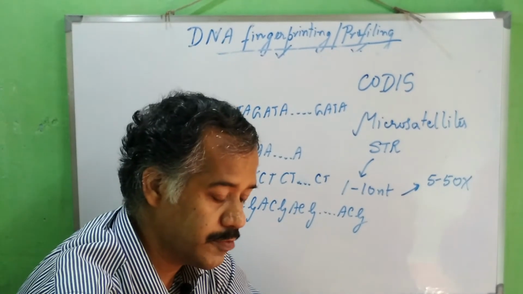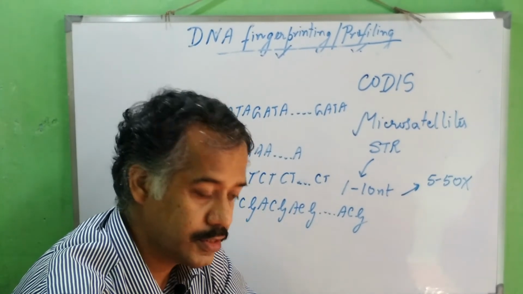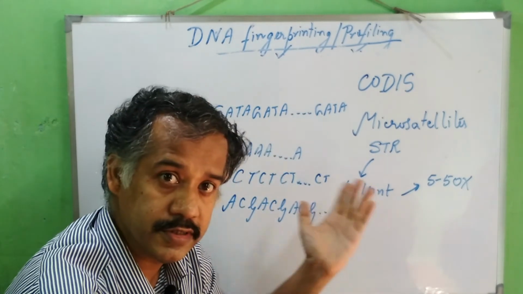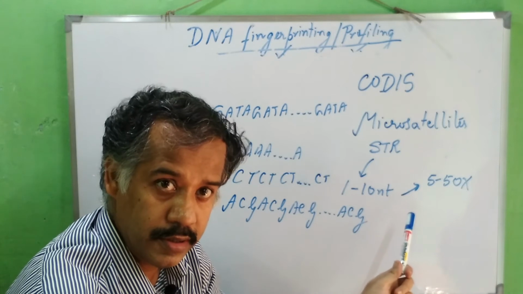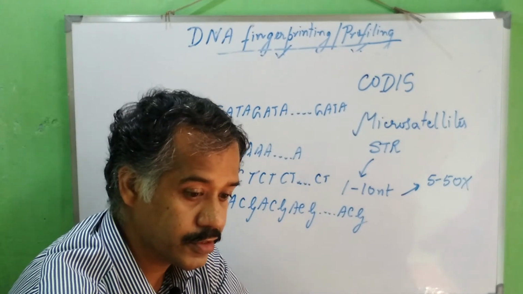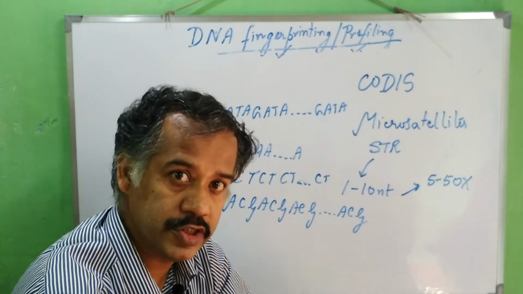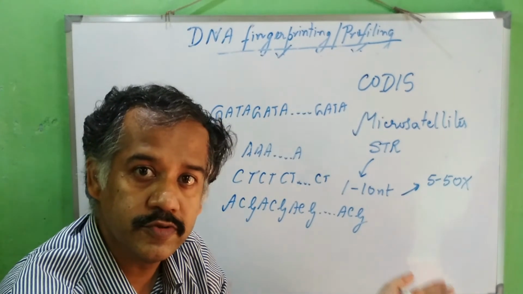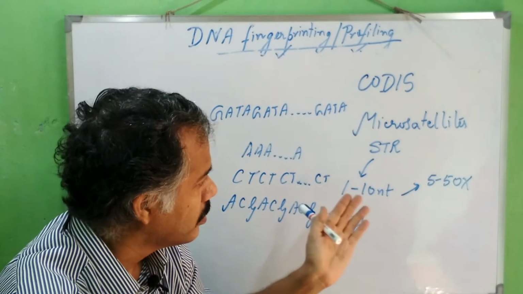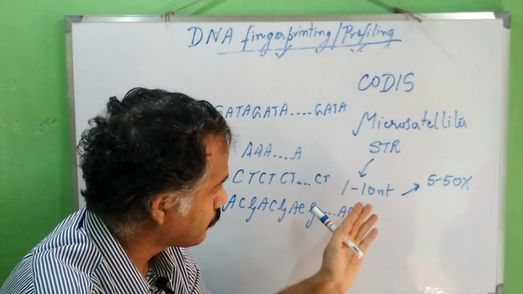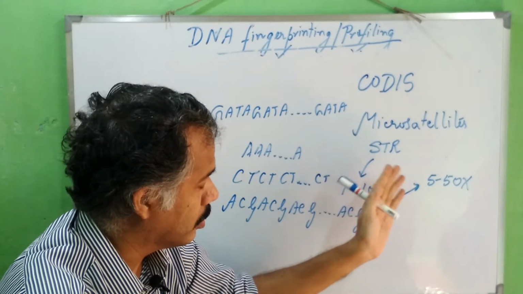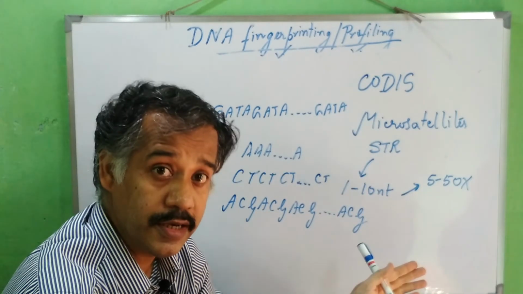The microsatellites became very popular since the late 1990s for this kind of study because they are much smaller. That is why even if DNA was fragmented or partly damaged when it is retrieved from the crime scene, it could be used. They can be analyzed by PCR compared to Southern.